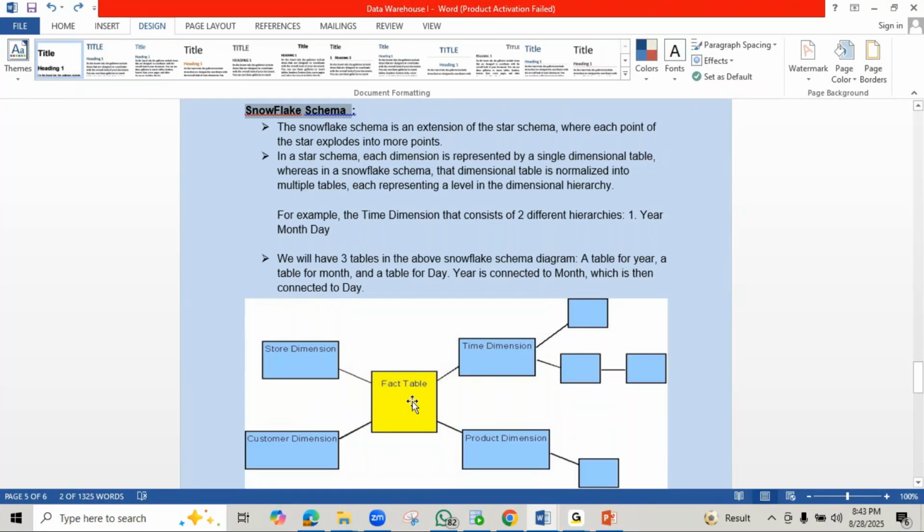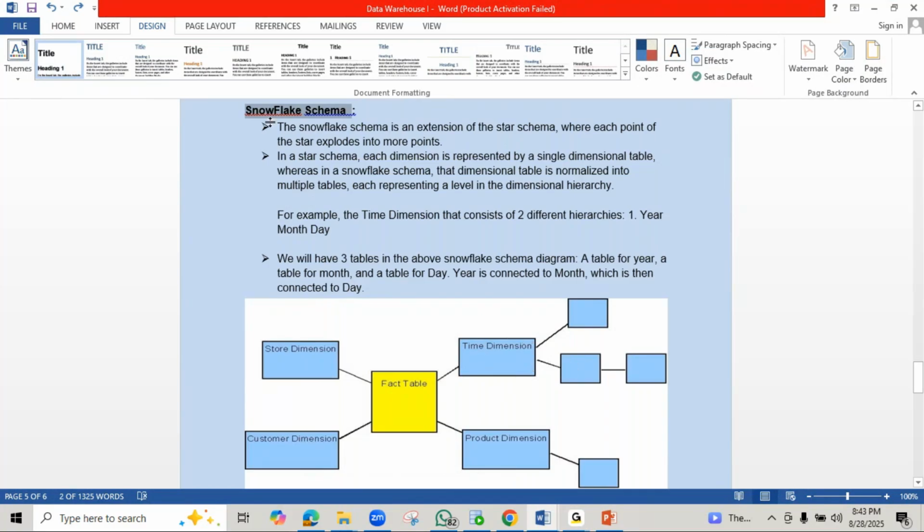It will have one centrally located fact table which will be surrounded by multiple dimension tables, and these dimension tables will be attached to another dimension table. In the same manner, the fact table will contain the foreign key, the dimension table will contain the primary key, and since it is an extension, it may contain a foreign key also.